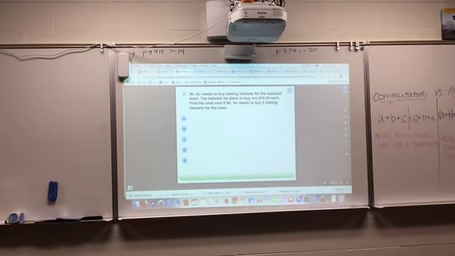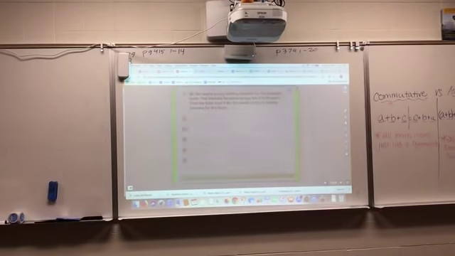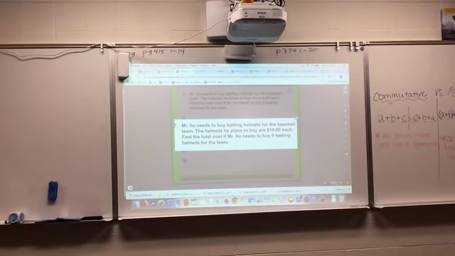The last one we're going to talk about. I'm going to zoom in just so you guys can see the story problem a little better. Mr. Ito needs to buy batting helmets for his baseball team. The helmets are $19.95 each. He needs to buy 9 batting helmets for the team.